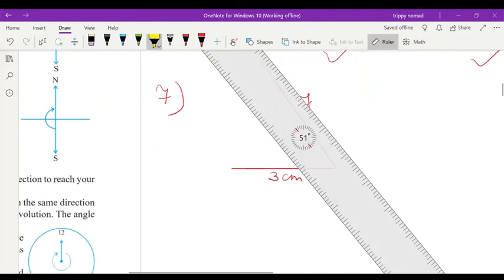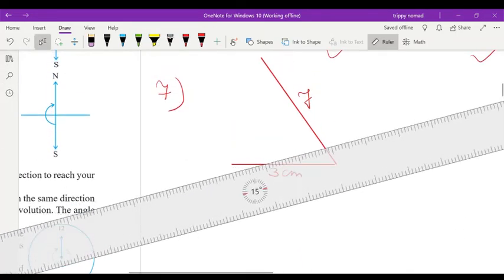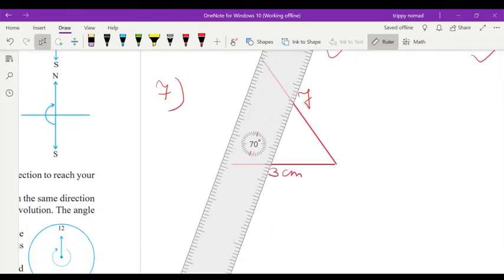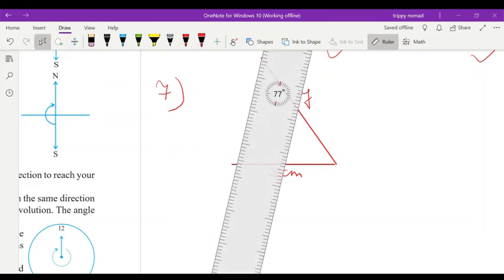And one line segment I will draw to join these two.